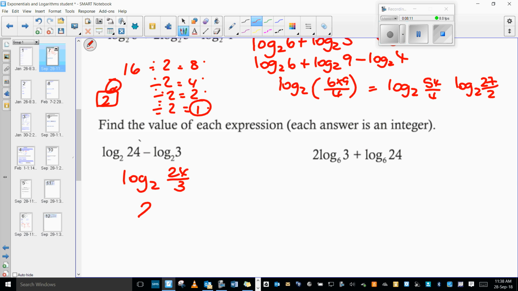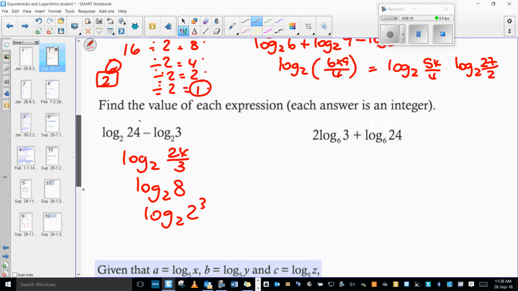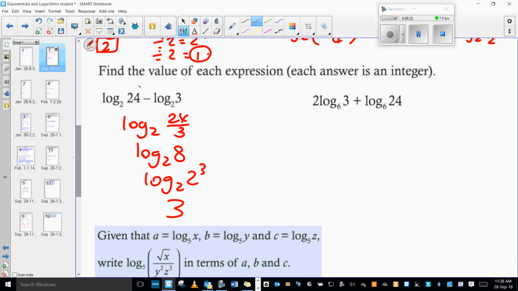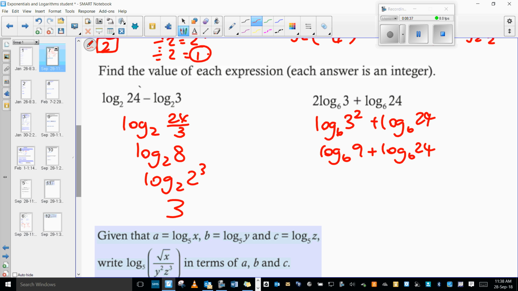Oh, that's not 5 log. 8 is log base 2 cubed, which is 3. Log base 6 squared, log base 64. Oh, this is what you would do.